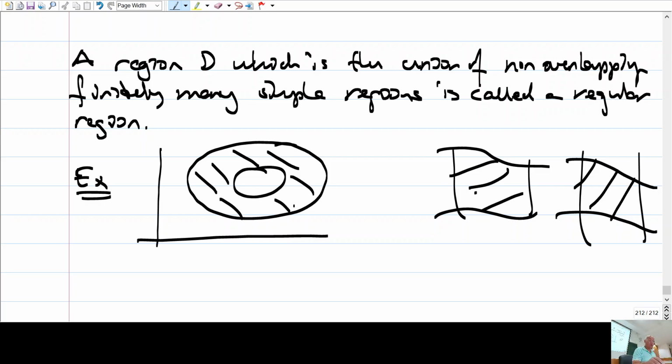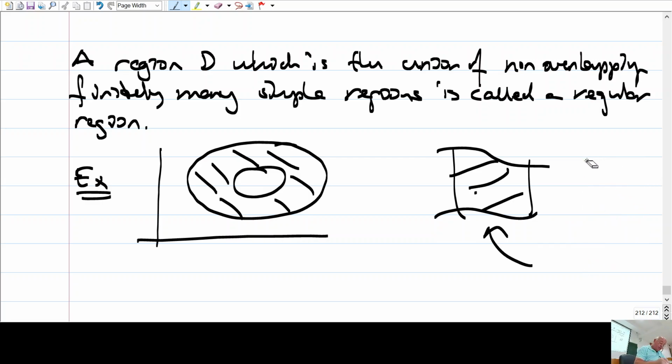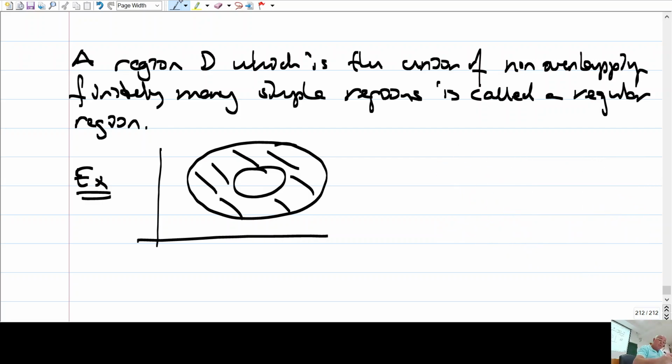This is not like this or like this. However, I can divide this into 4 pieces so that each one is a simple region. Let me divide it like this, and then like this.